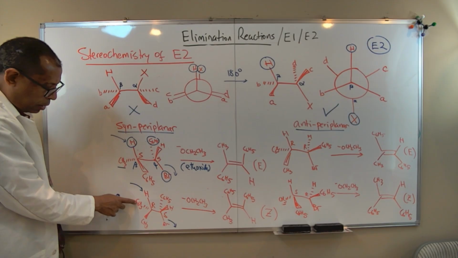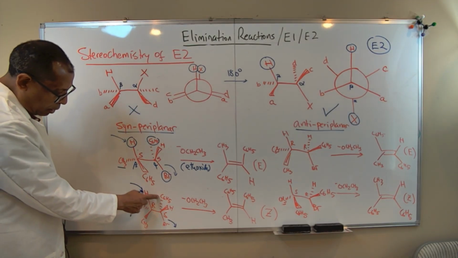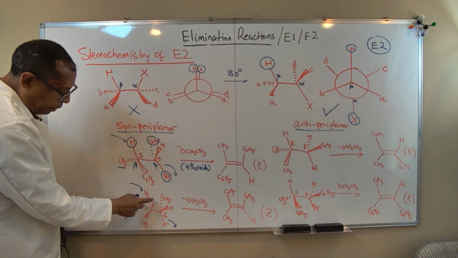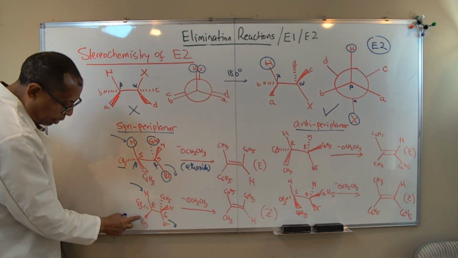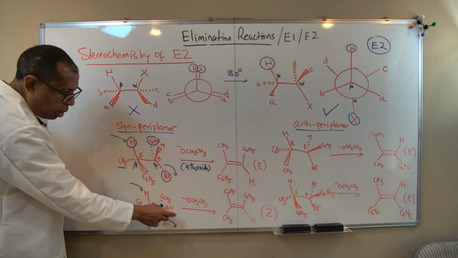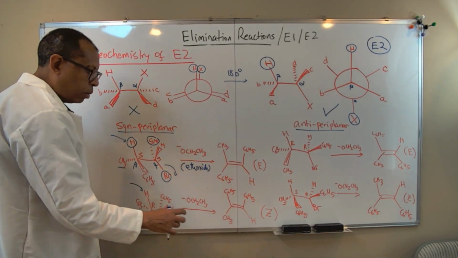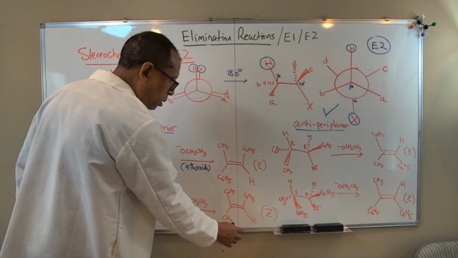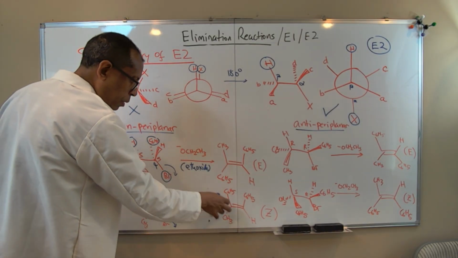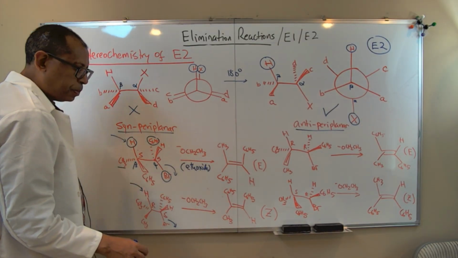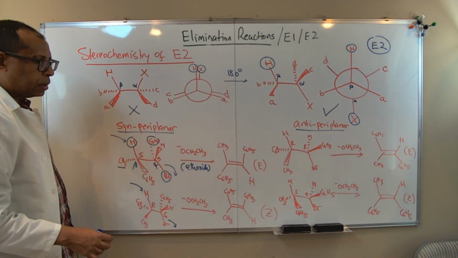So now the C6H5 and the C6H5, which is two phenyl groups, would be in the same phase. And the CH3 and the H would be in the same phase. So you produce this isomer. So the products are not the same. These are different isomers of the alkene.